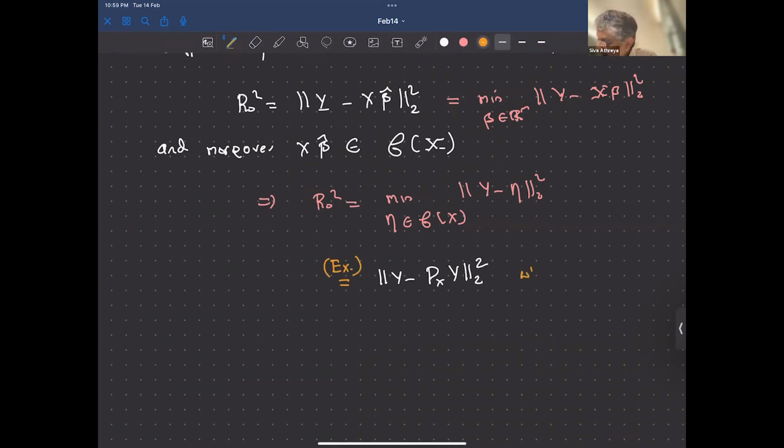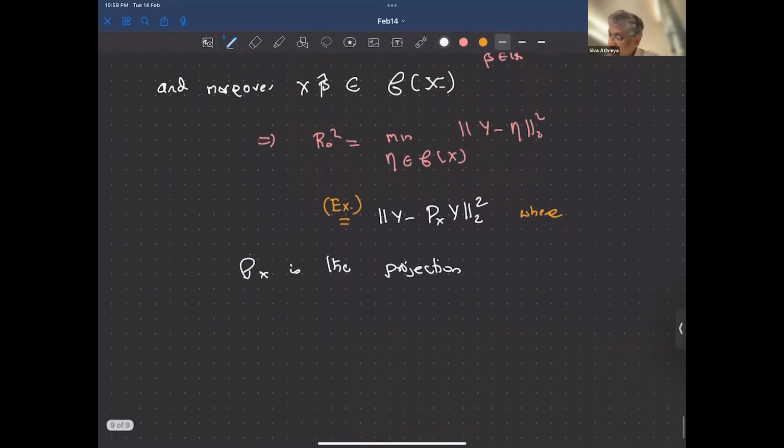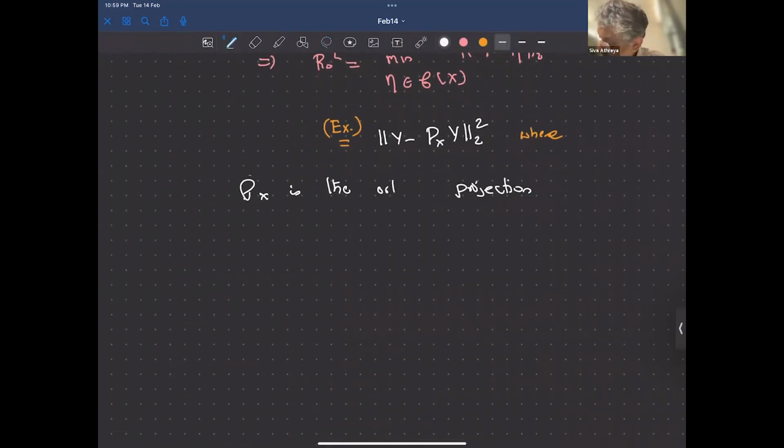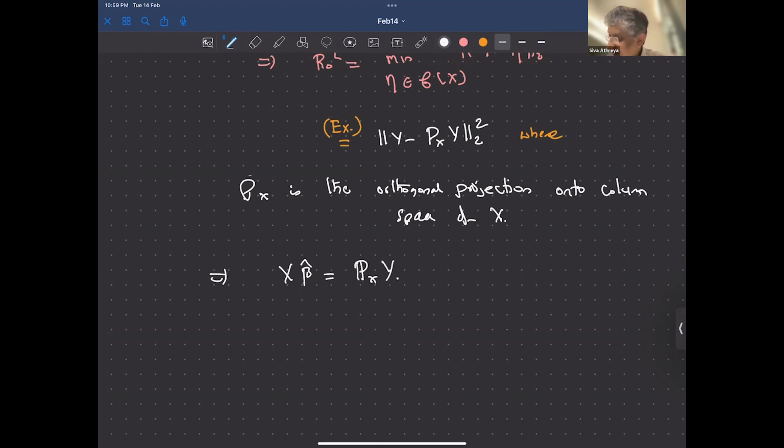Where P_X is the orthogonal projection onto the column space of X. That means immediately you know that X beta hat has to be equal to P_X y.